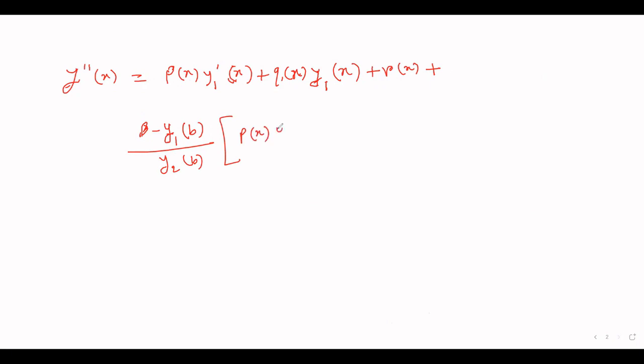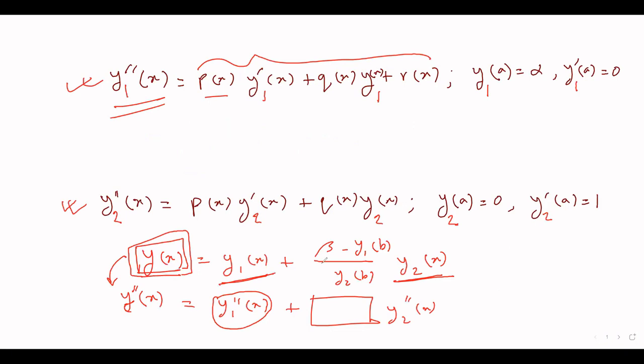So p of x y2 prime x plus q of x y2 of x, and we stop here. So you can see that I have just replaced y1 double prime and y2 double prime by the two right hand sides here.